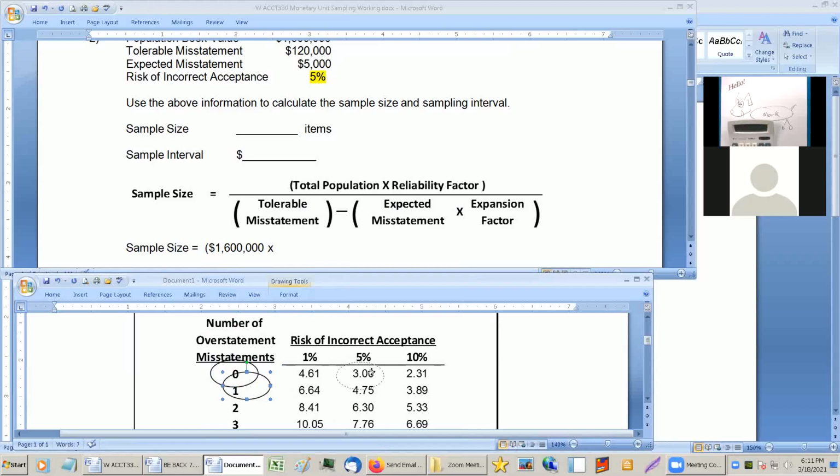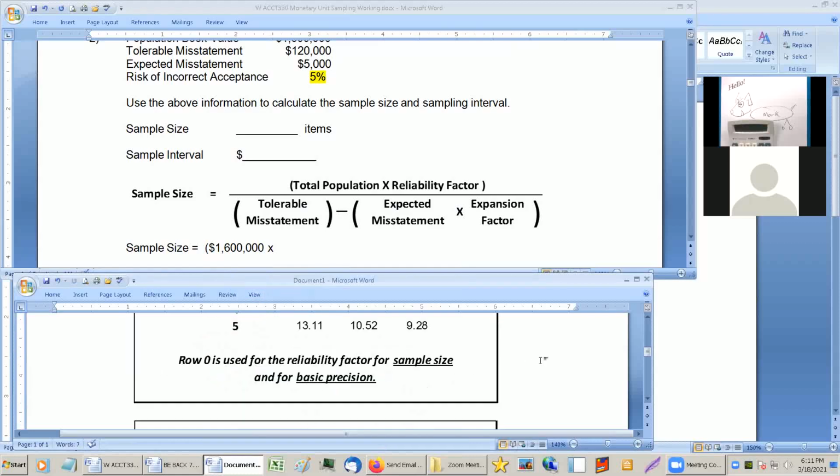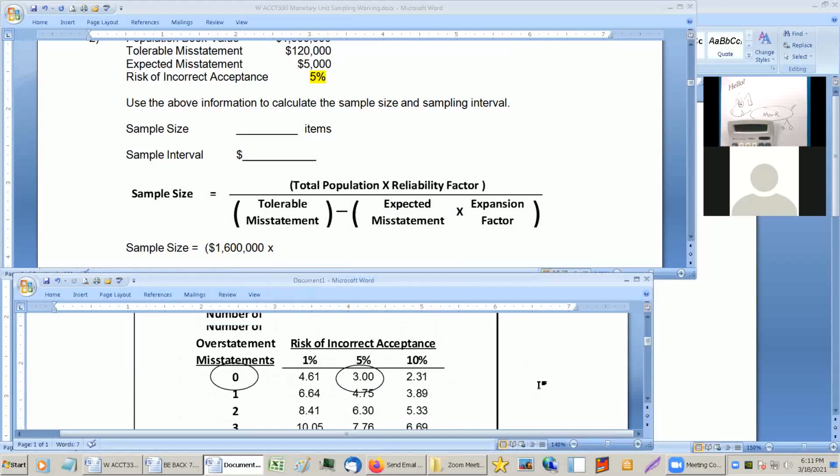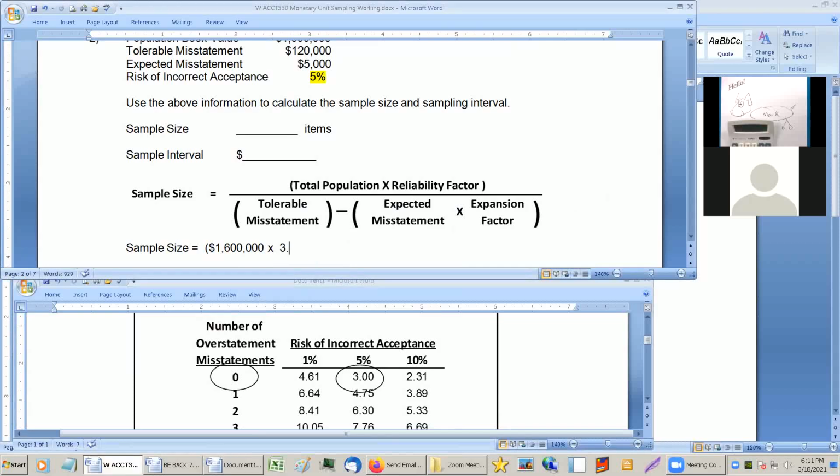Uh, 5%. Oops, it's 3. So that is going to be our reliability factor. So that's going to be the numerator in this.